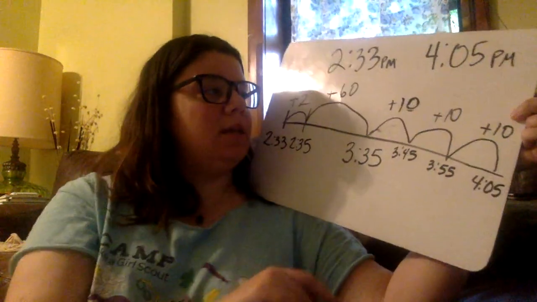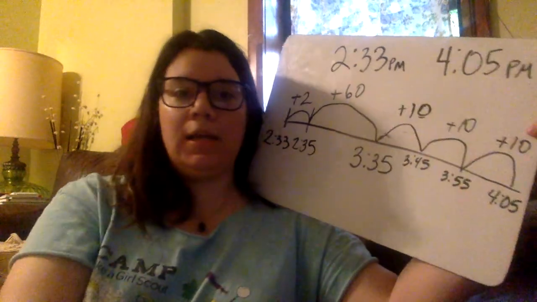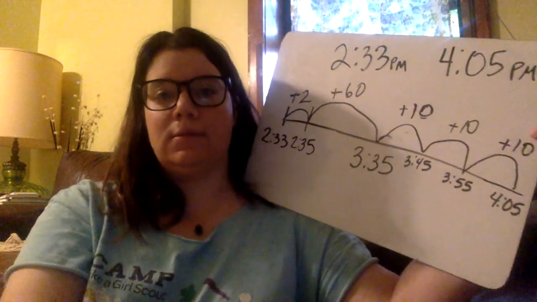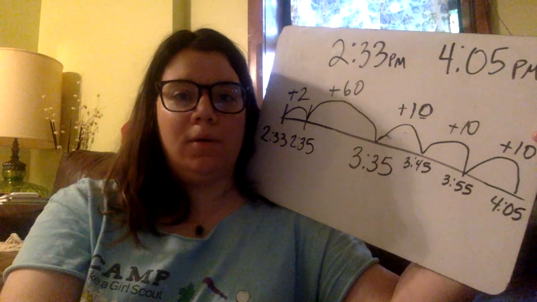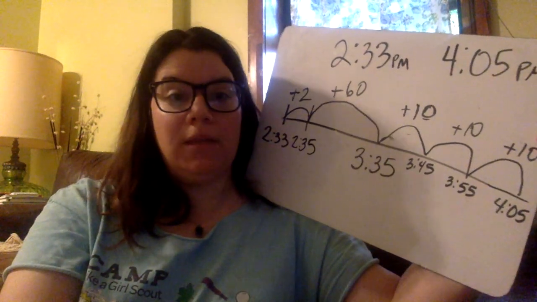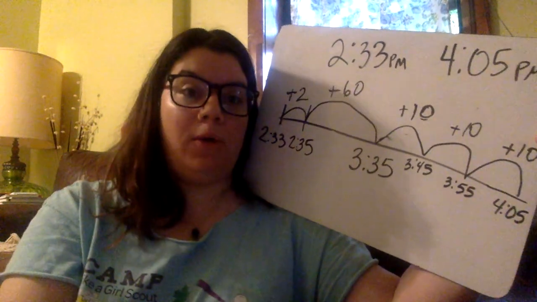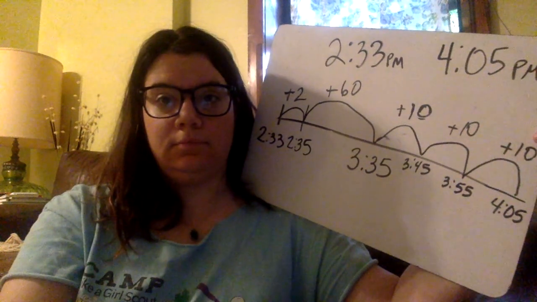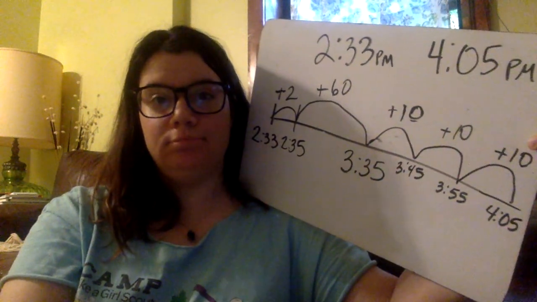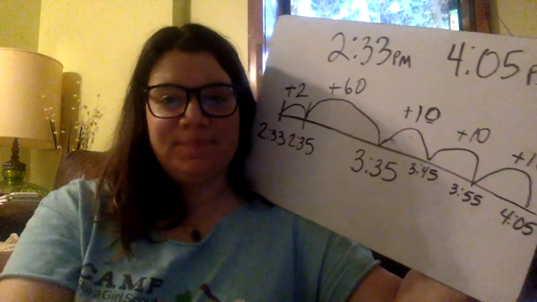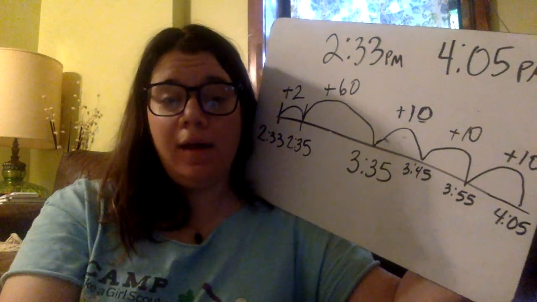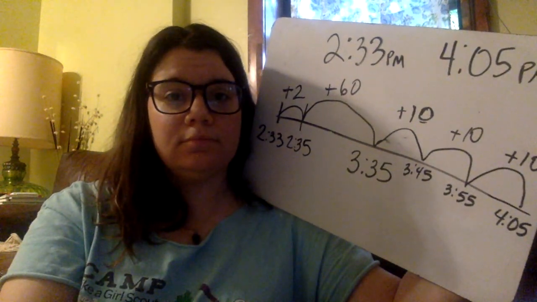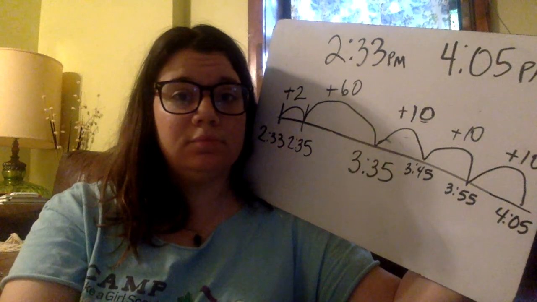So we have 60 minutes plus 10, 20, 30 minutes plus 2 minutes. So we've got 92 minutes or 1 hour and 32 minutes. Okay? So use your number line to help you solve it.